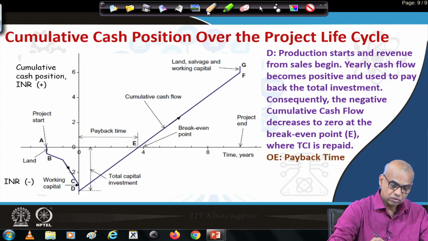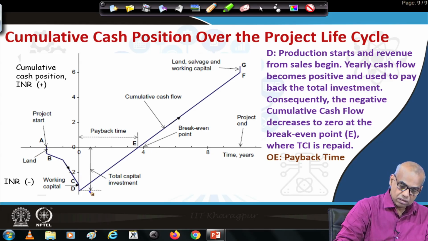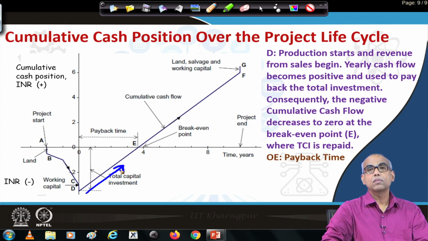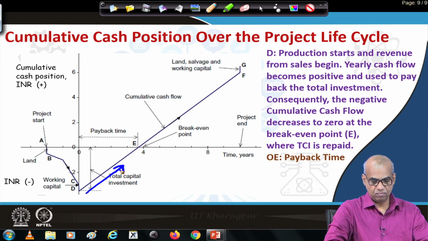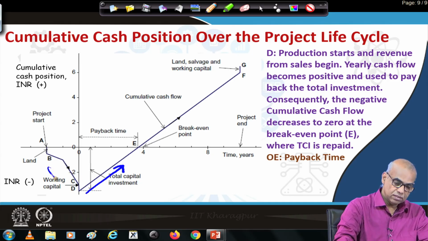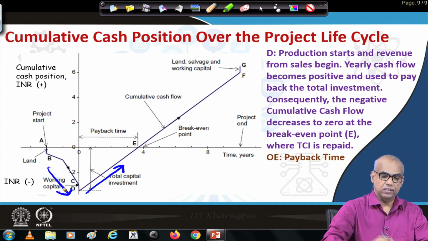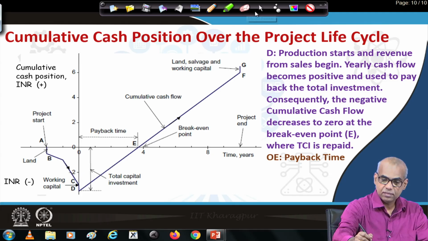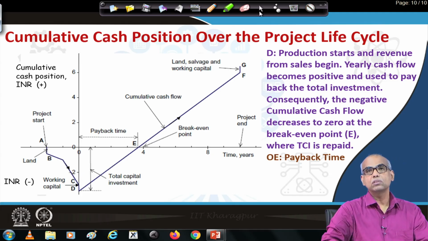So, now after point D, your yearly cash flow has become positive. Note that the slope has changed, but the cumulative cash flow is still negative.